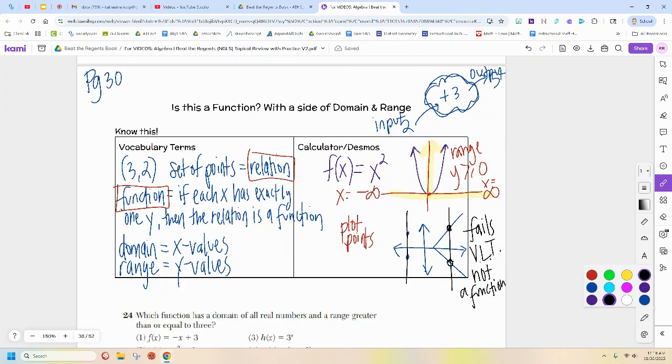That can be helpful if it's a multiple choice question where you just have to test out vertical lines, and the graph that only touches at one spot at a time is going to be a function.